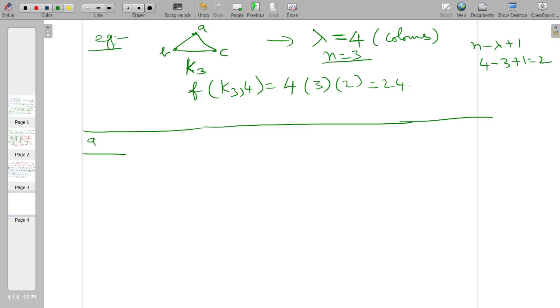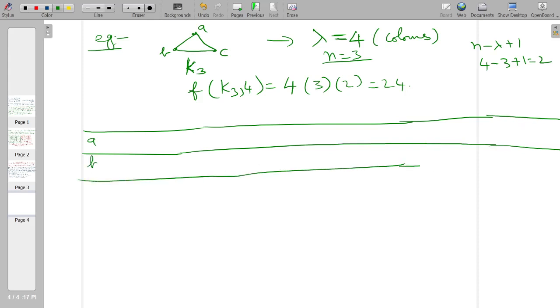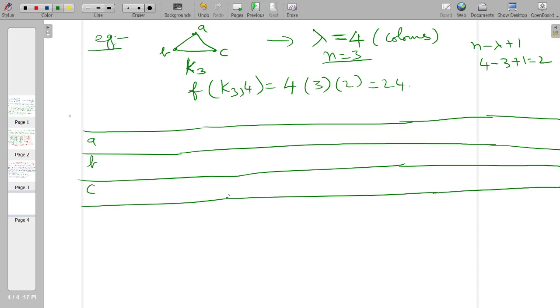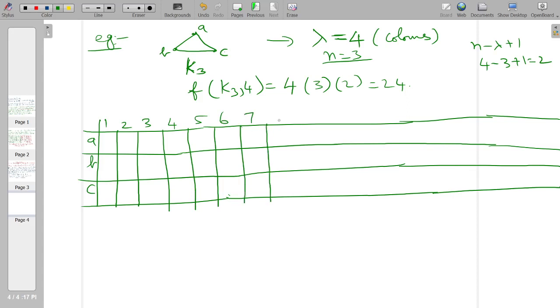You can see here A, this one would be B, and then I have the third one C. So now I want to have 24 combinations: 1, 2, 3, 4, 5, 6, 11, and this one will be 12.